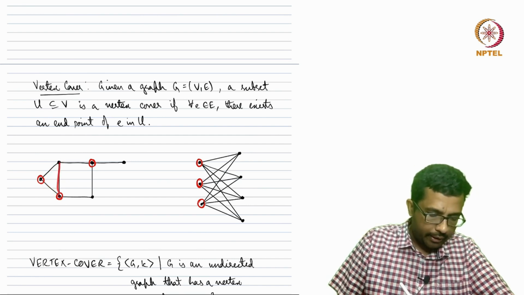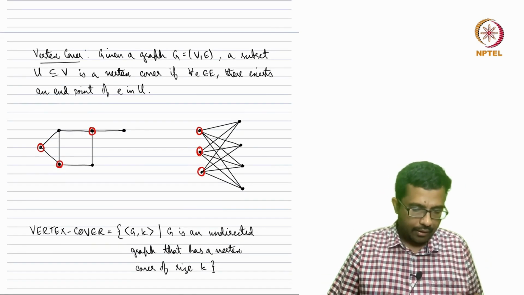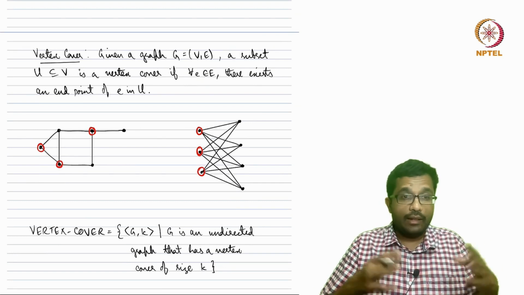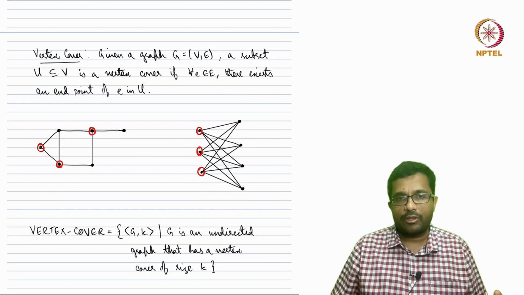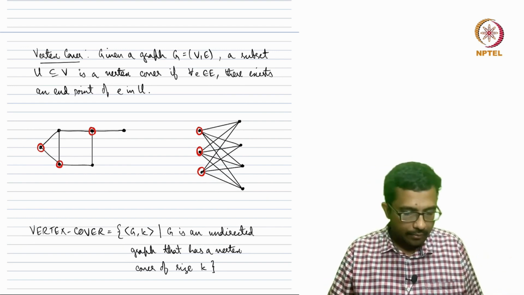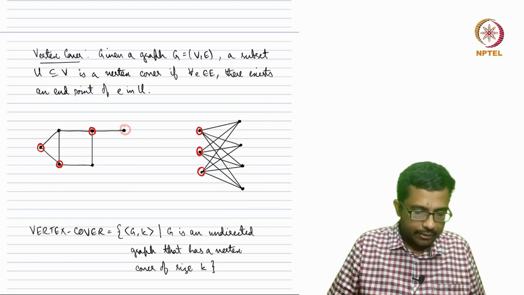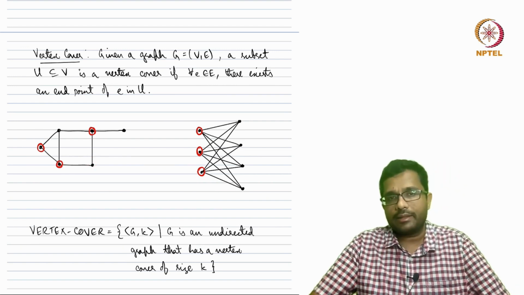This edge, one endpoint, this edge, one endpoint, and this edge also one endpoint. Usually we are interested in the smallest vertex cover. With clique, we are usually interested in the largest clique. Vertex cover is a covering problem. We want to cover as many edges as possible, but we want to reduce the number of vertices used in covering, right? While this is a vertex cover, if we add one more vertex, that's also a vertex cover, because it is already covering, so one more vertex will continue to cover.